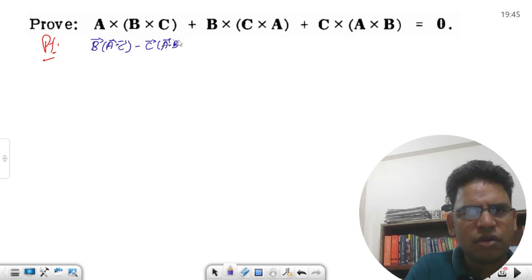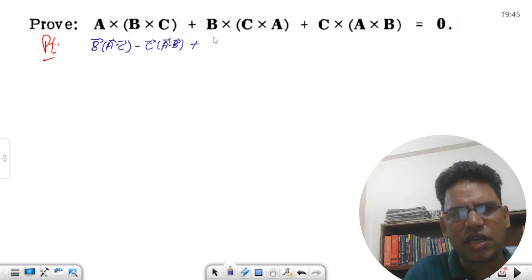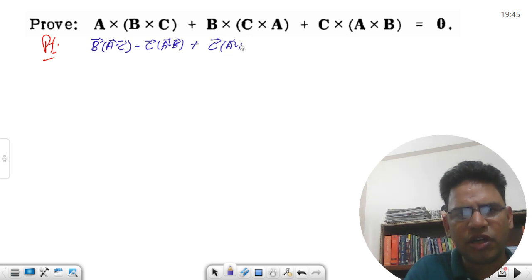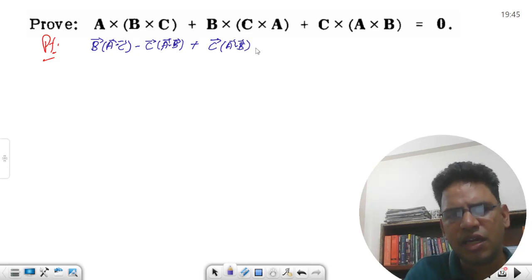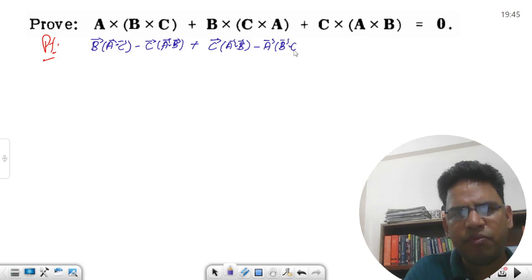a dot b, अब ध्यान से रखना a dot b लिख दूं चाहे, this is going to be c vector a dot b because a dot b is same as b dot a, okay, minus a vector I am going to write b dot c.